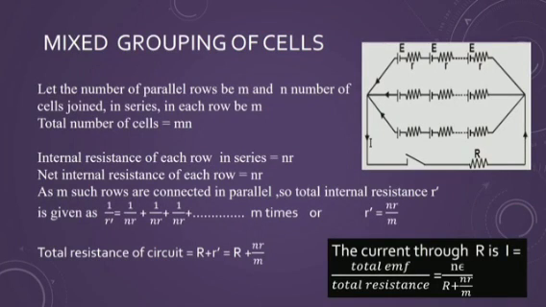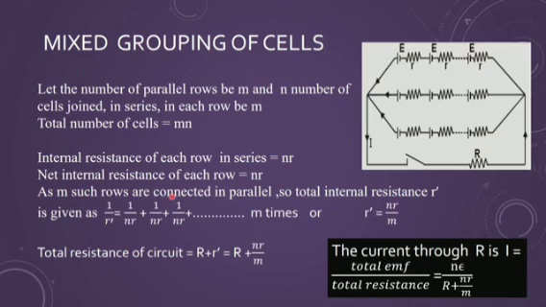Of course, we can go with the mixed grouping of the cells. If I have mn cells, I am taking m rows, and n cells are joined in series in each row, like shown to you. So the total number of cells is m into n, and the internal resistance of each row is nr.